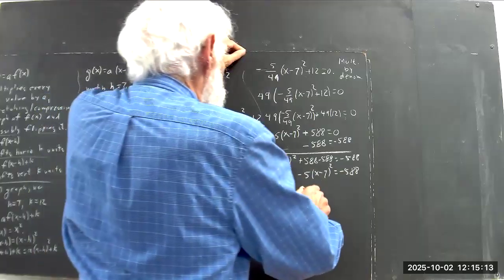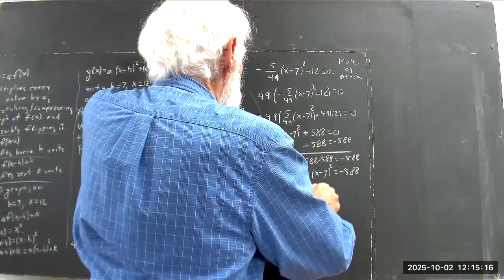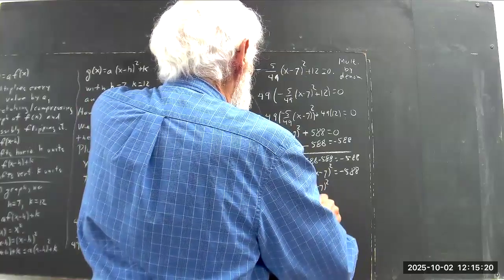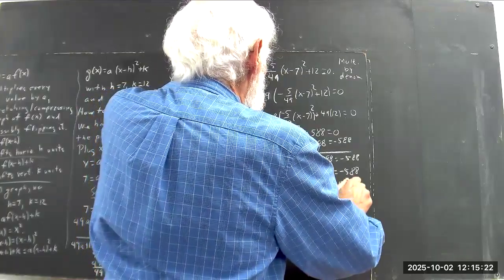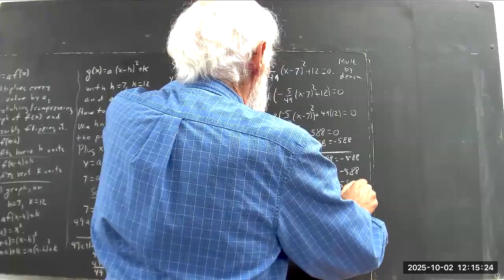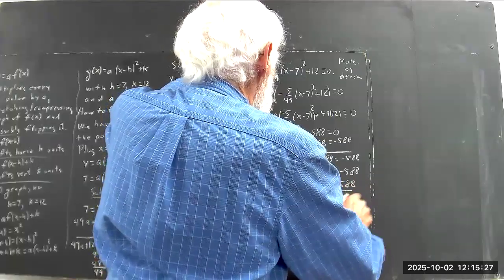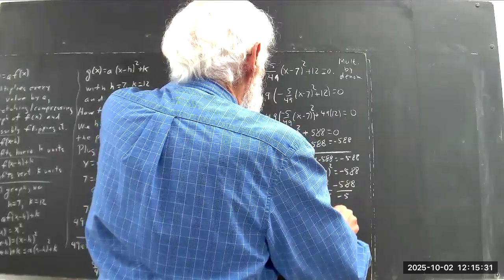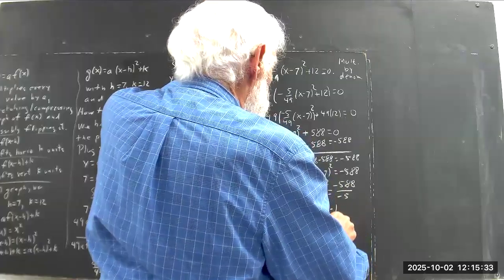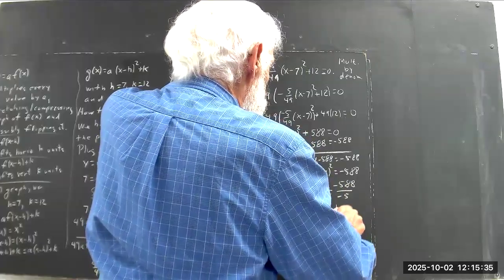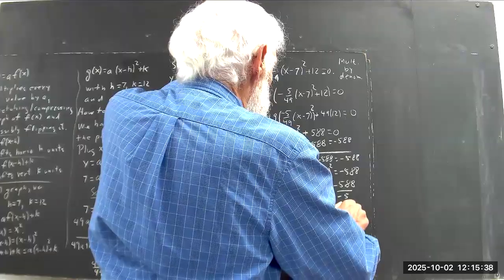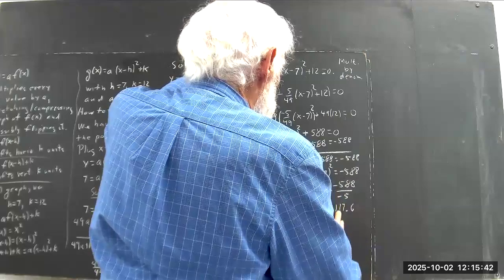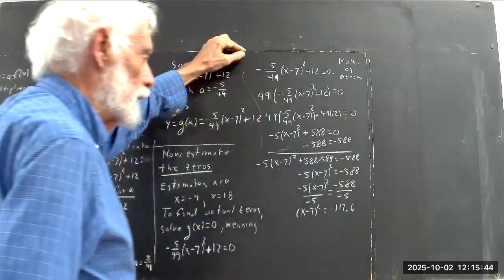Then we divide both sides by negative 5. And we get x minus 7 squared equals 117.6, but it's not negative because it's a negative divided by a negative.